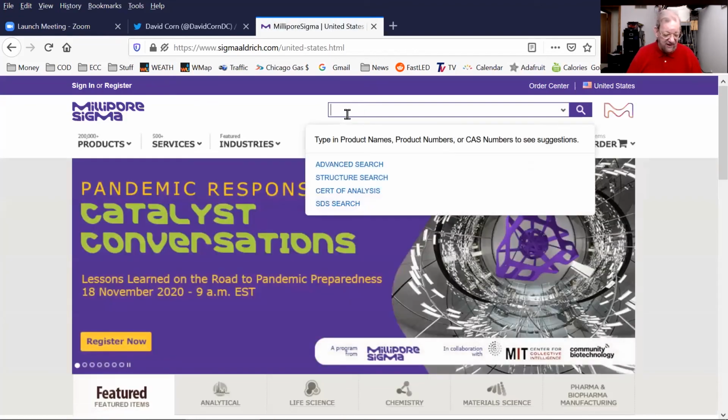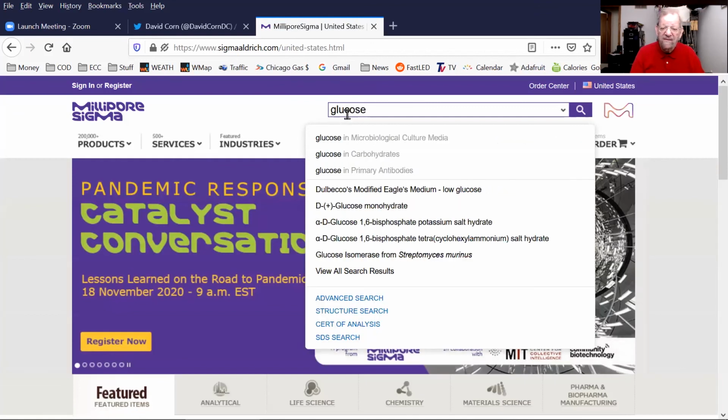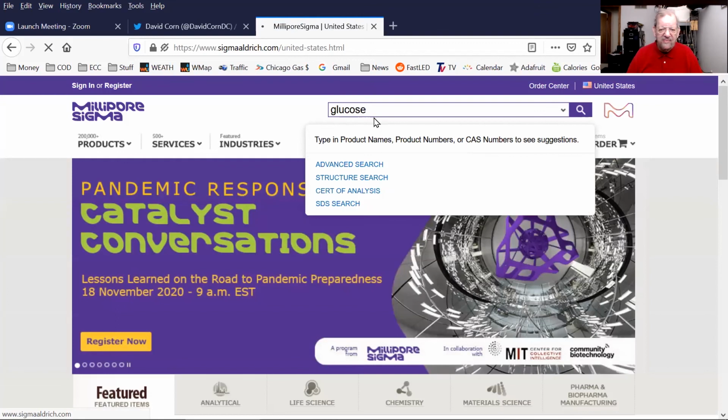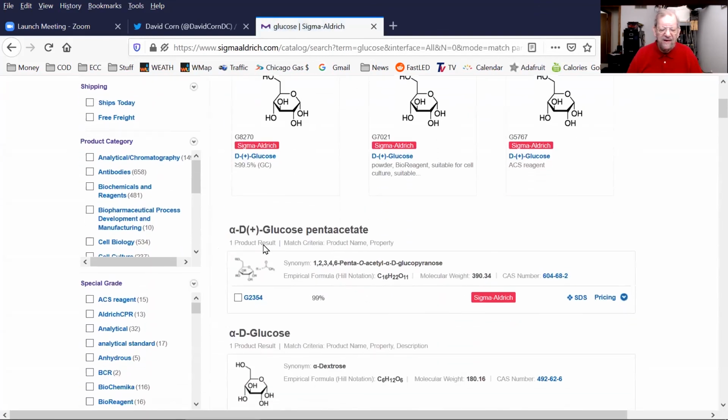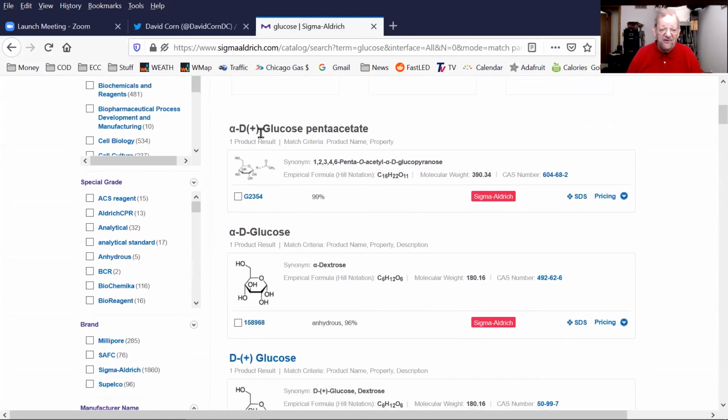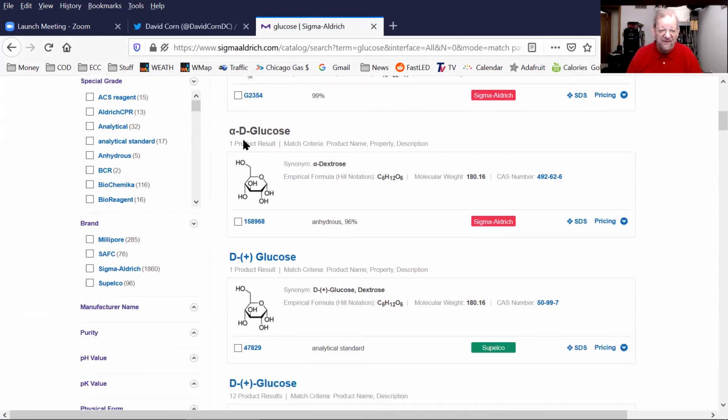And if I put in here glucose, you'll see right here, alpha D plus glucose. Let's forget about the alpha. The D tells you, oh, wrong thing, right here, D glucose.